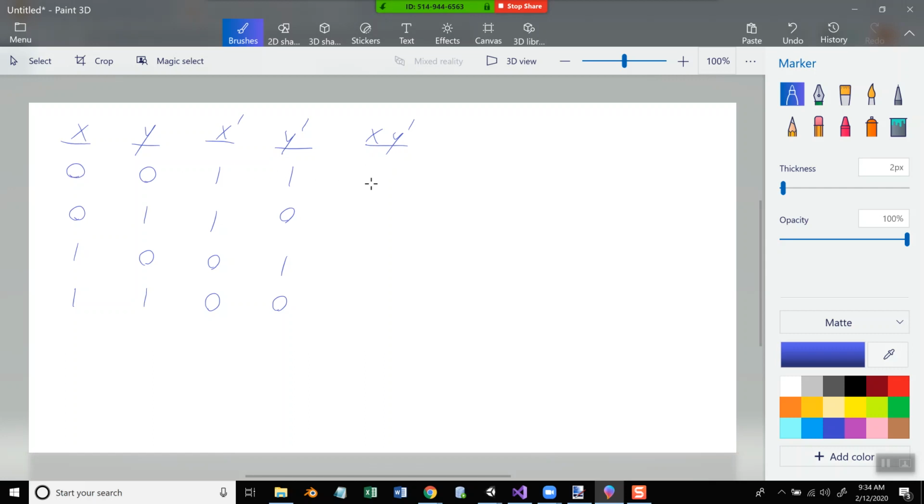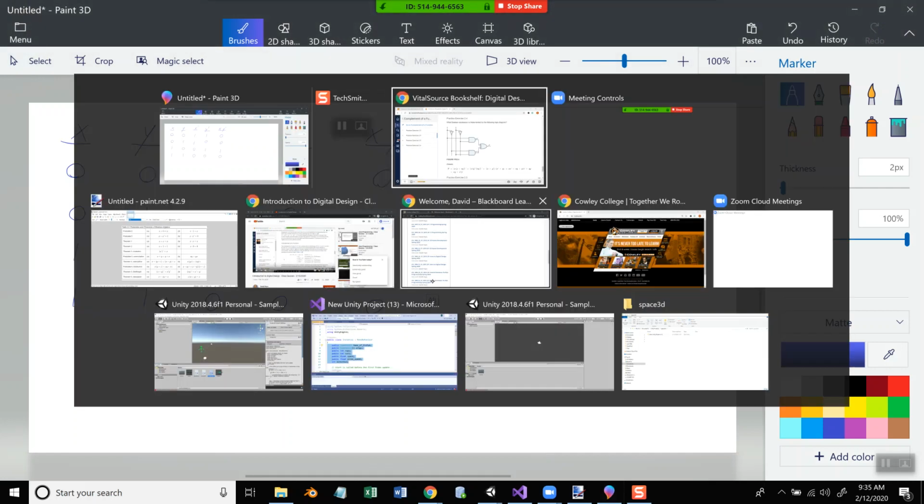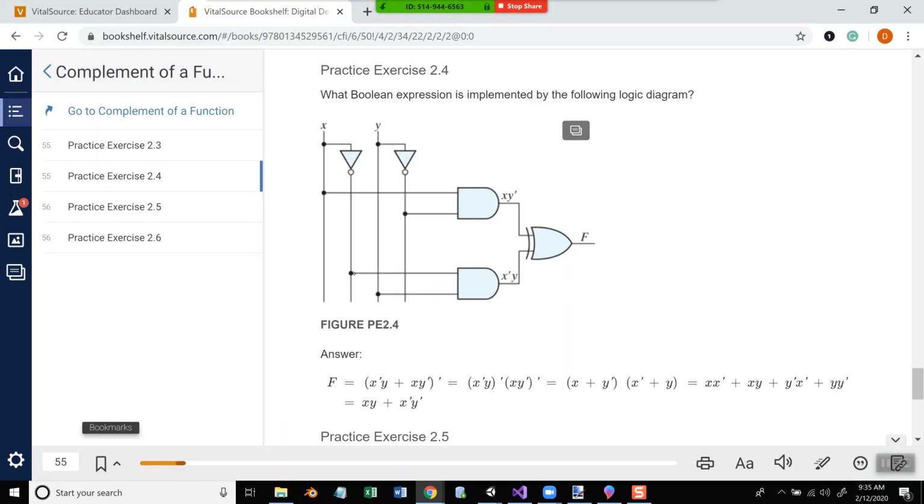0 times 1 is 0. 0 times 0 is 0. 1 times 1 is 1. 1 times 0 is 0. Then this down here is bringing in not x, and it's bringing in y, or x prime y.